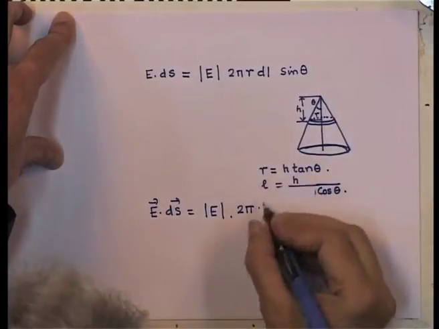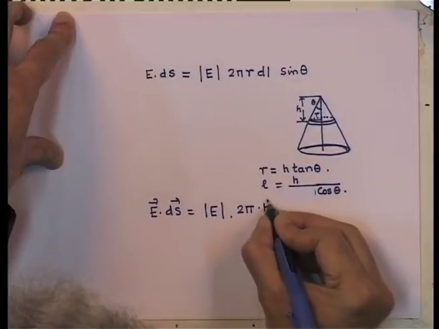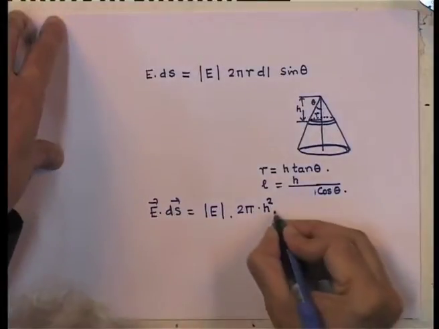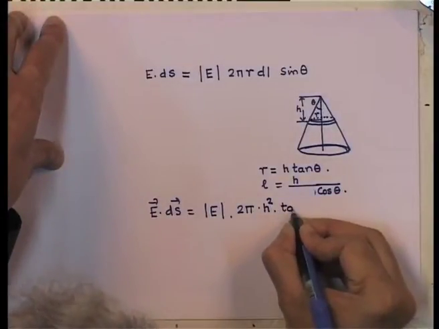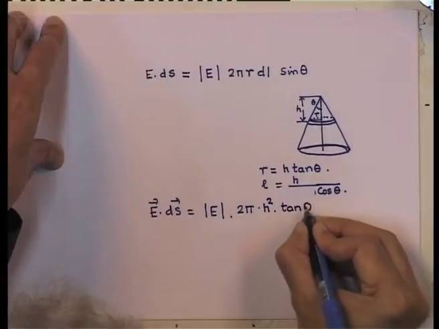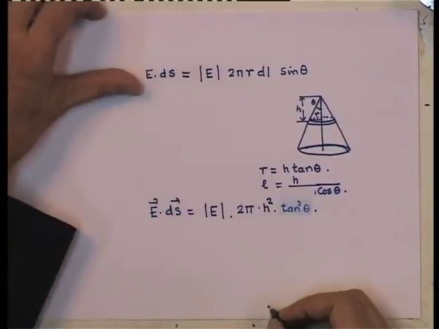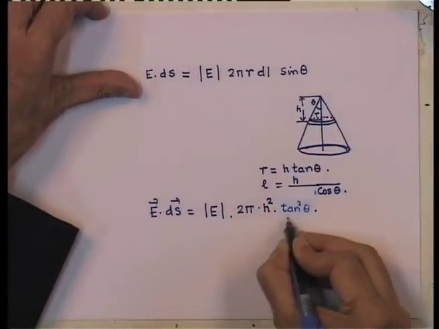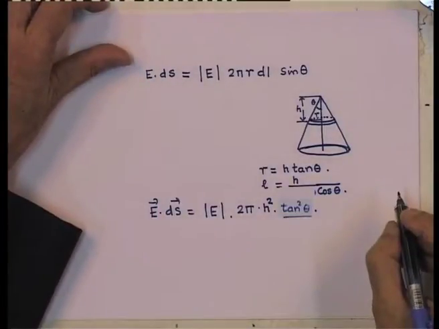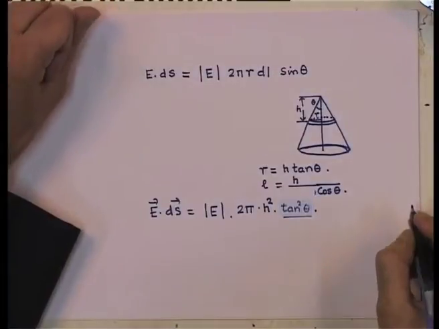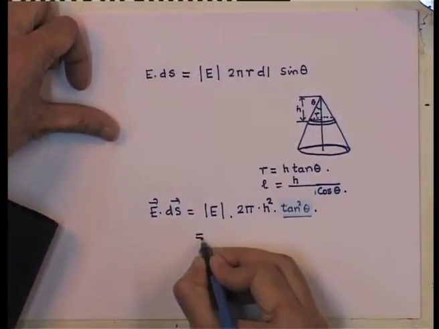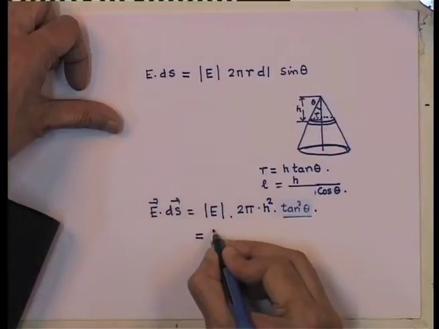So, I get h square times tan theta. Now, the tan theta is actually constant, and so therefore, what I get here is this.